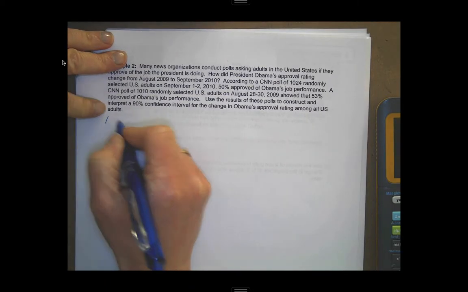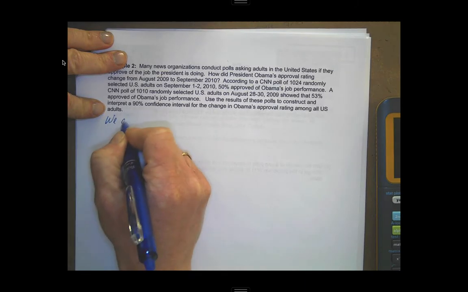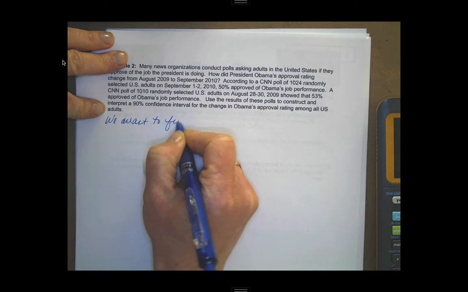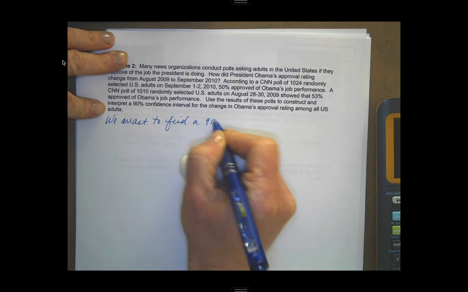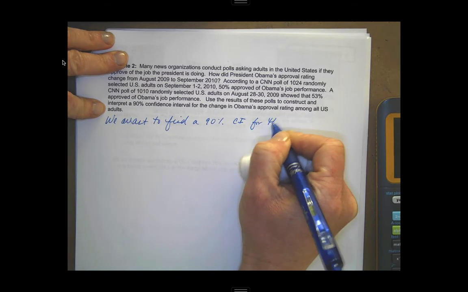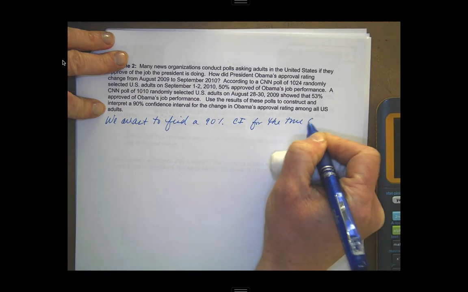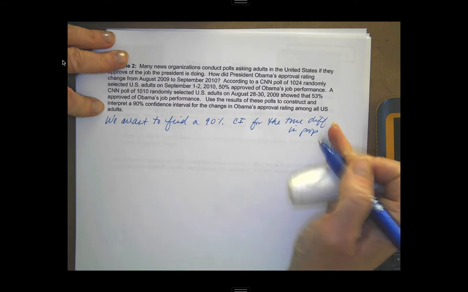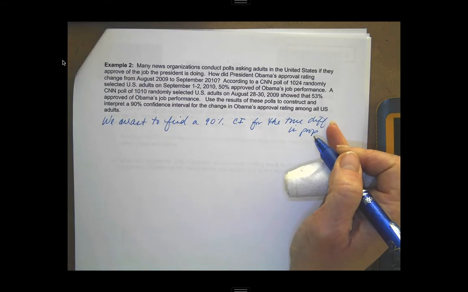All right, this is back to the Obama problem in the beginning. So we want to find a 90% confidence interval for the true difference in proportion. So notice here it's a difference in proportion. We never do it with the addition.